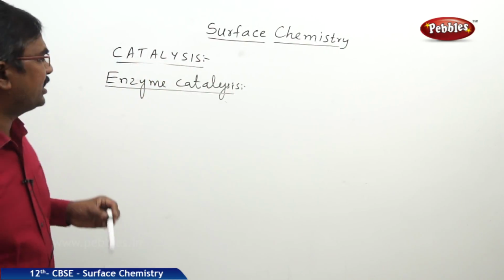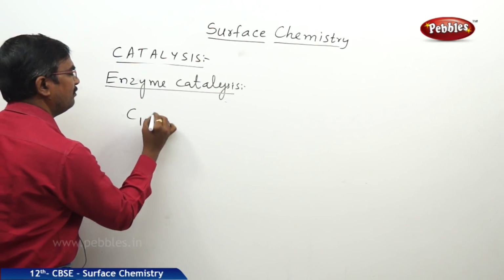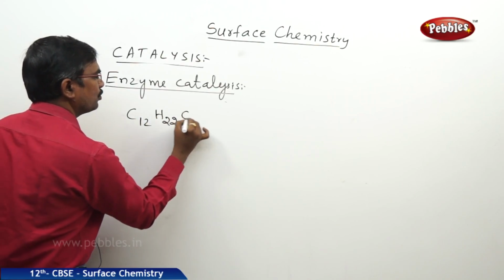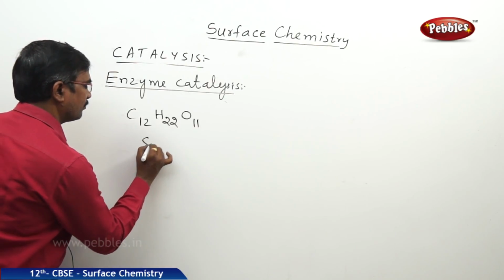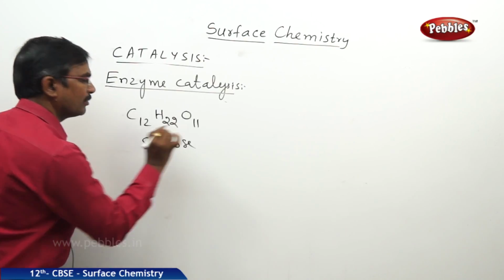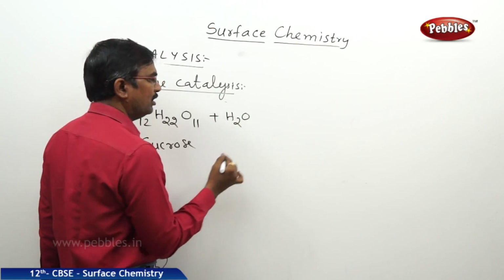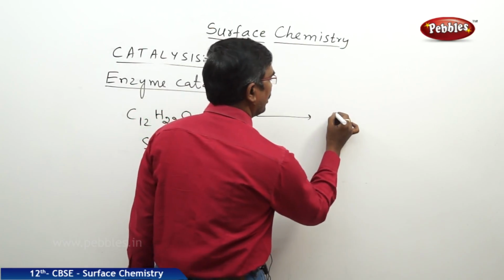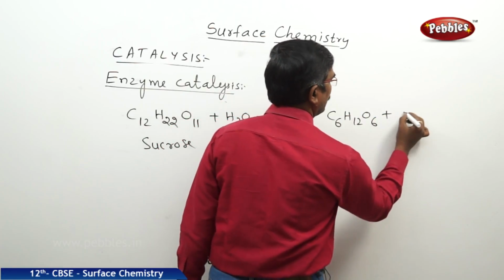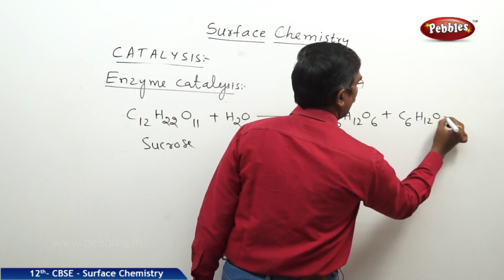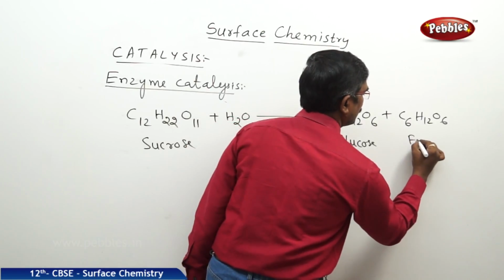For example, if you take sugar, C12H22O11, this is nothing but sucrose. Sucrose, when it is hydrolyzed, reacting with water, gives the corresponding products glucose, C6H12O6, and fructose, C6H12O6. This is glucose, this is fructose.